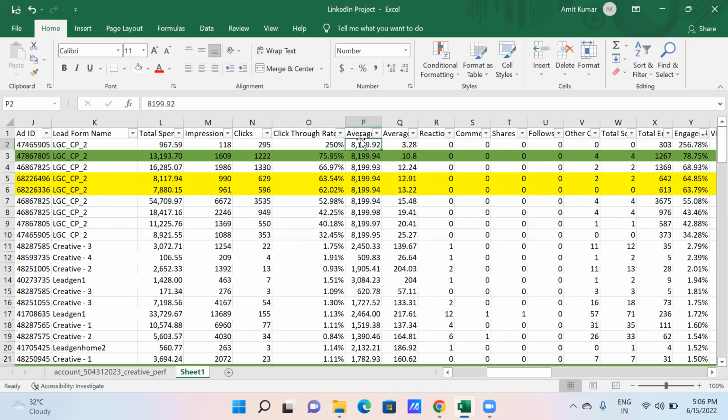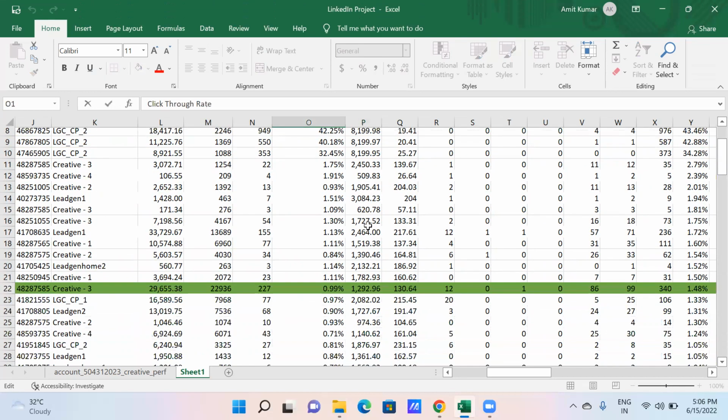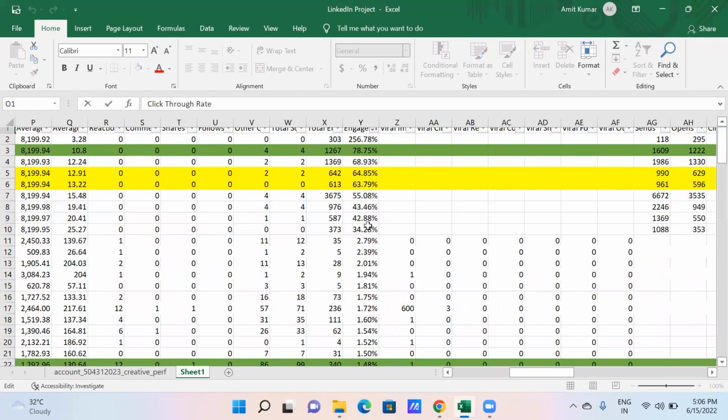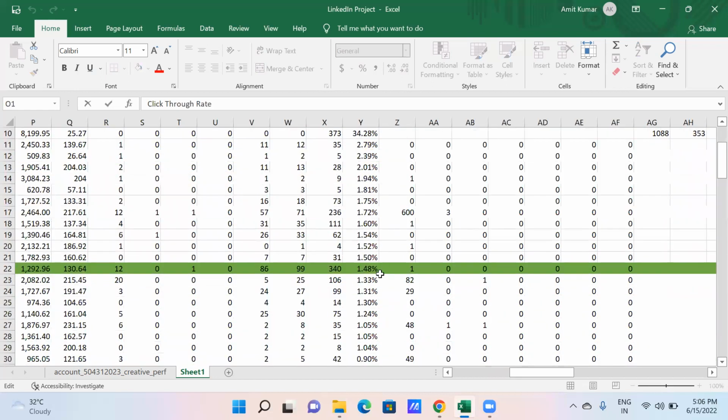In terms of average CPM, click-through rate, all the metrics. Engagement is a little less, but you have to compare only within creatives, so it is at par. The highest is 1.94, this is also decent, but all other metrics are much better.